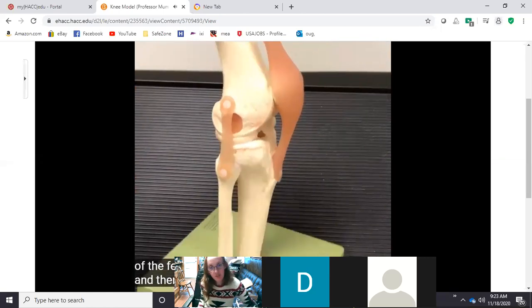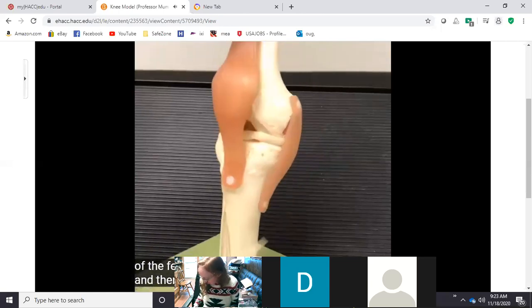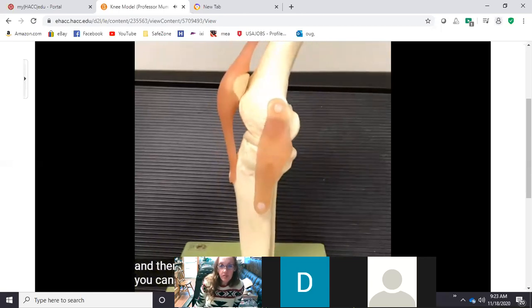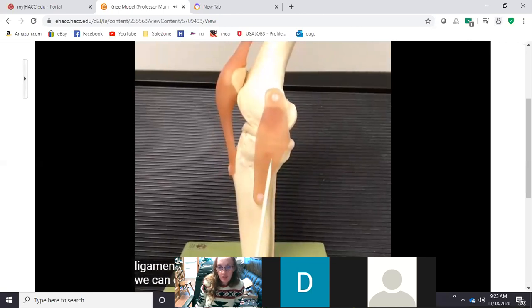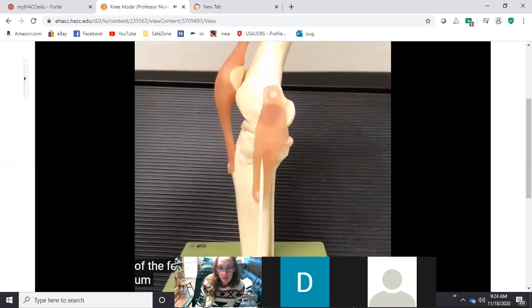And then if we turn the joint so that you can look at the medial surface, we can see the medial collateral ligament, or we can call it the tibial collateral ligament. So this would connect the epicondyle of the femur to the condyle of the tibia.